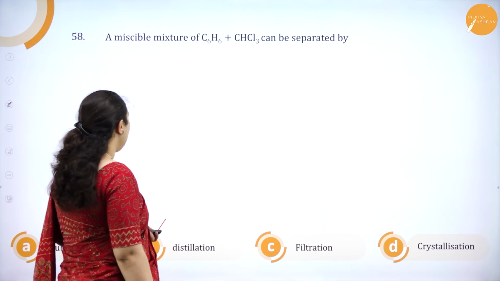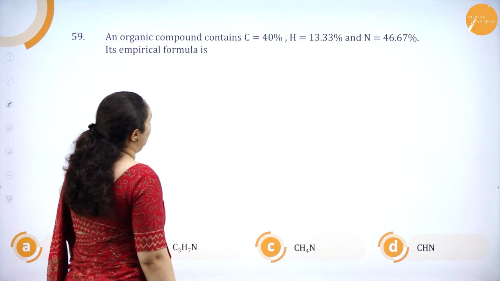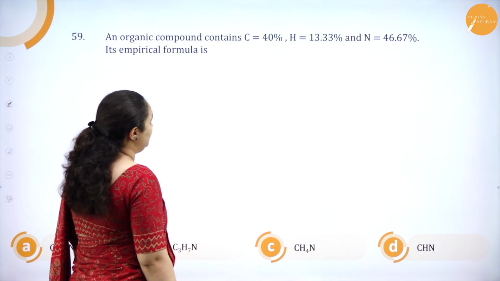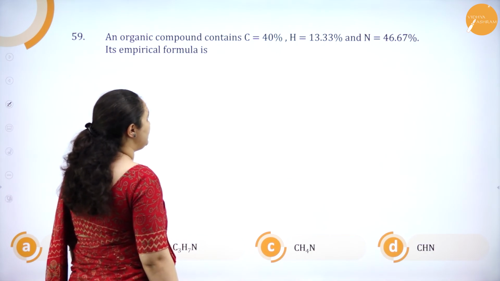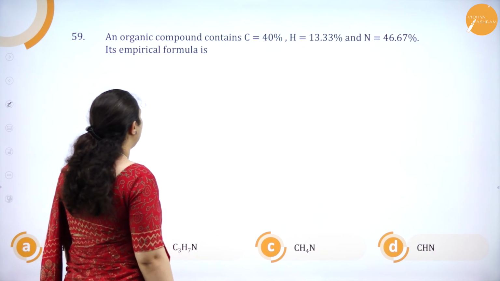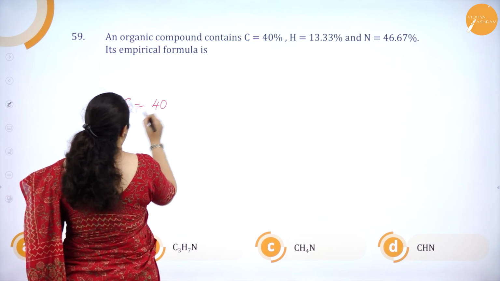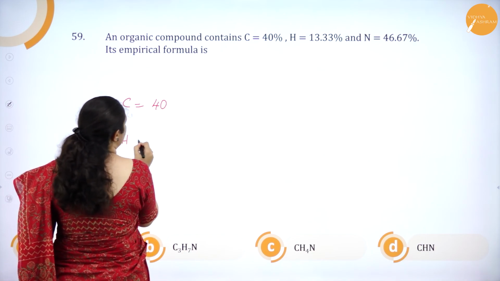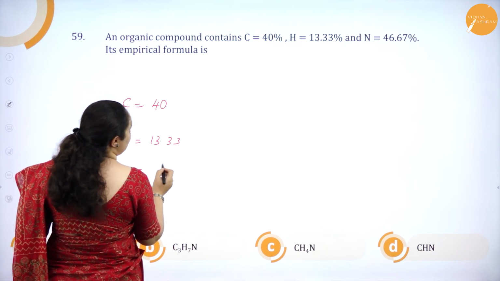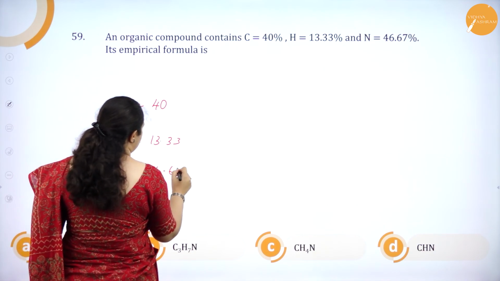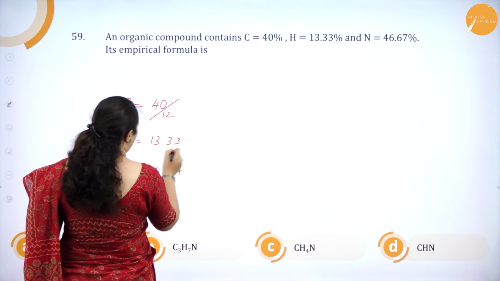Next one. An organic compound containing carbon 40%, hydrogen 13.33%, nitrogen 46.67%. Its empirical formula is. First the percentage has to be divided by its atomic mass.